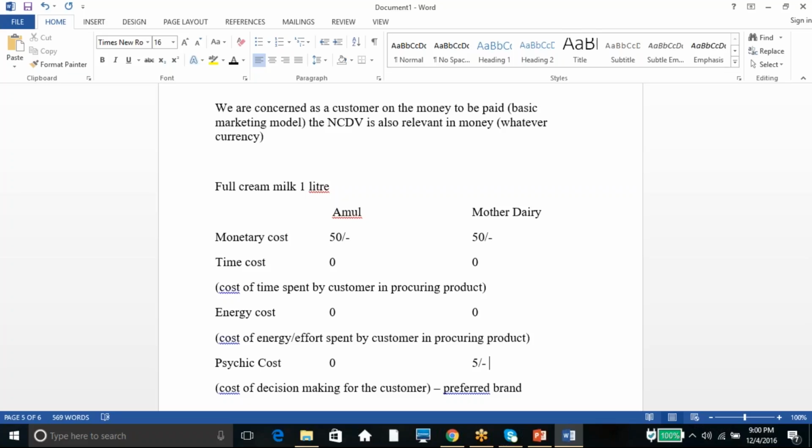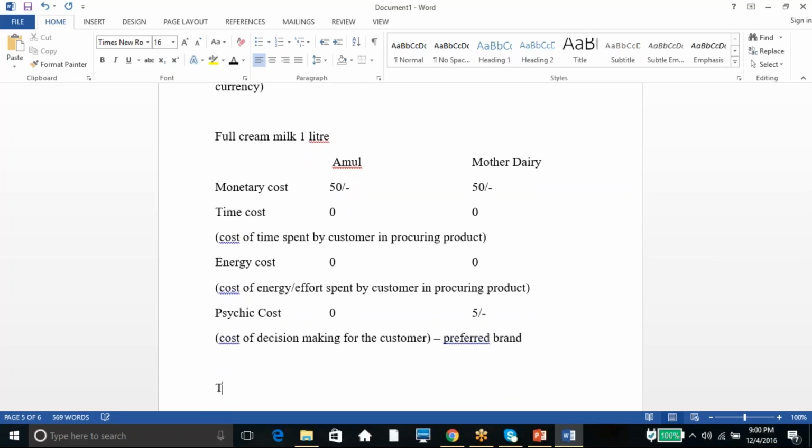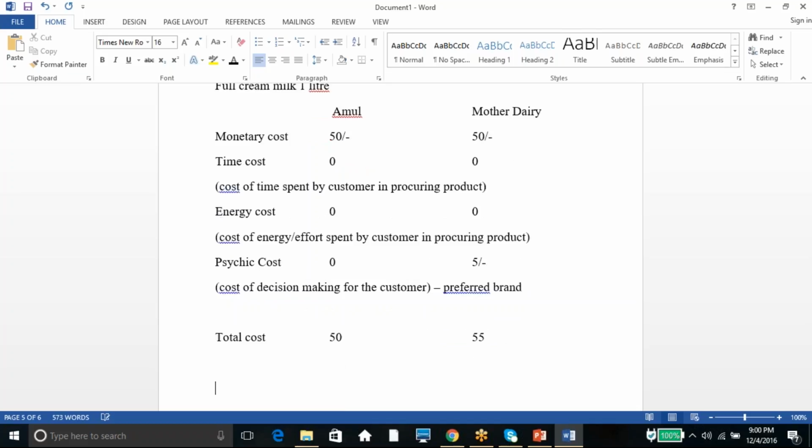Okay, so effectively now, if you took the total costs, the total cost for Amul is 50 and Mother Dairy is 55, because I want at least 5 rupees off before I will switch.